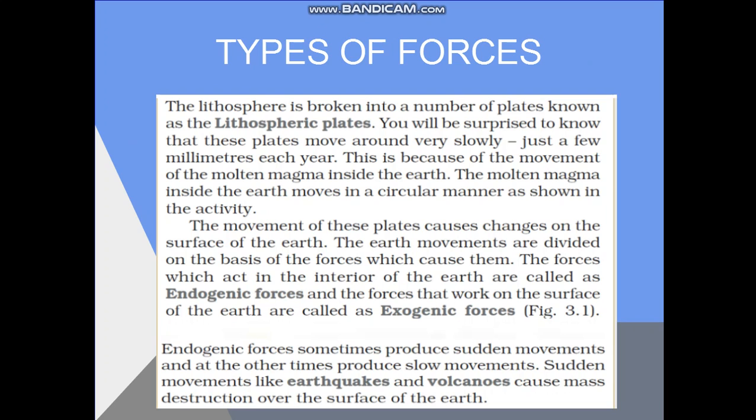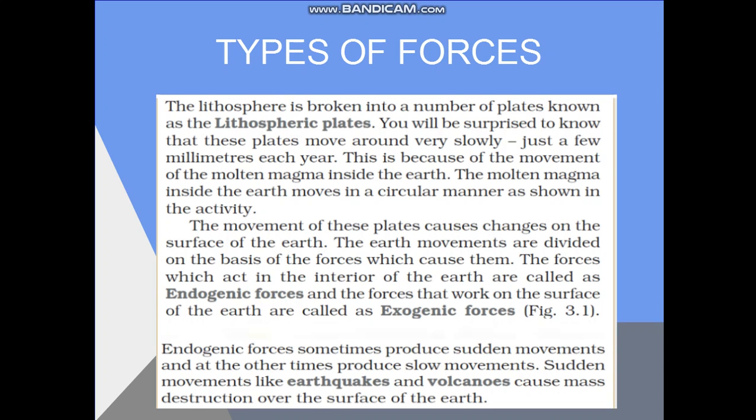This is because of the movement of the molten magma inside the earth. The molten magma inside the earth moves in a circular manner as shown in the activity. The movement of these plates causes change on the surface of the earth.